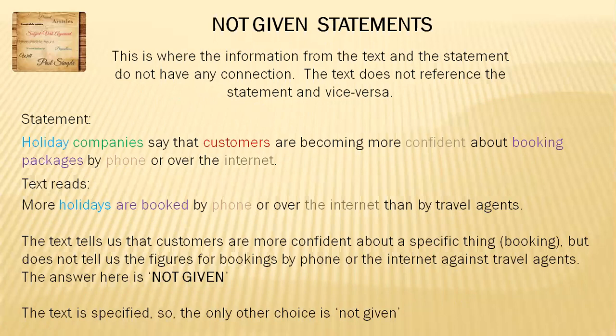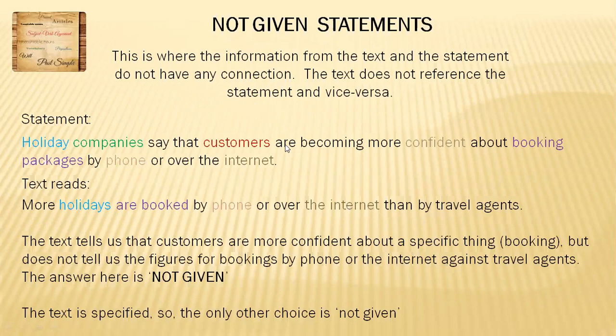Now it says more holidays are booked by phone or over the internet than by travel agents. Now the second sentence is a statistical one. It's saying that this is done more than the other. More holidays are booked by phone than by a travel agent. It doesn't say that in the first sentence. It doesn't even reference.